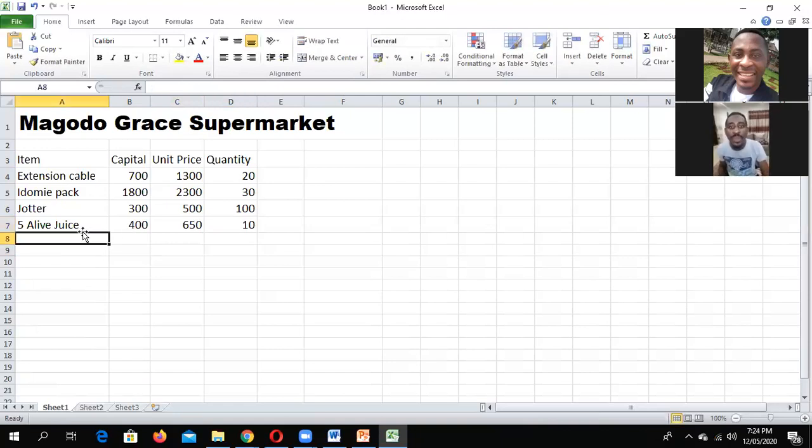And then the last one, so that we don't waste so much time, let's say they sell, okay, let's say power bank.